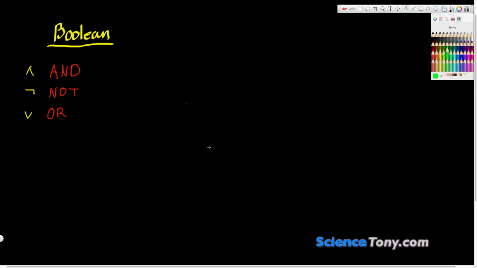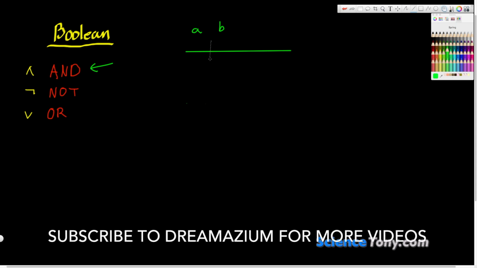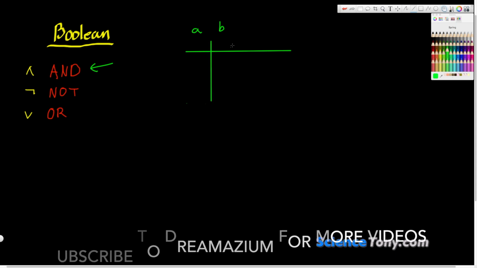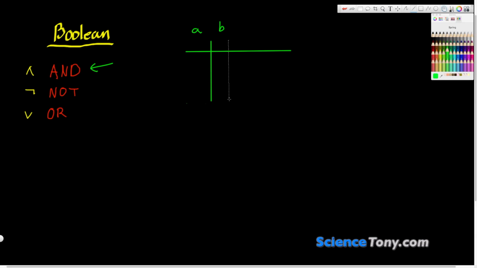Let's look at these statements in a bit more detail here. So let's start with this AND. Now, if we have two variables, say A and B, we put these variables into a table.